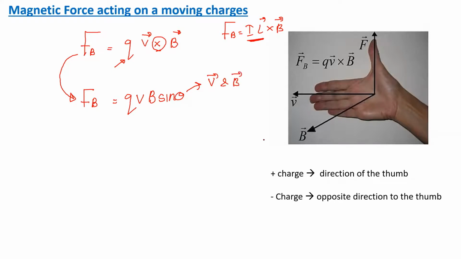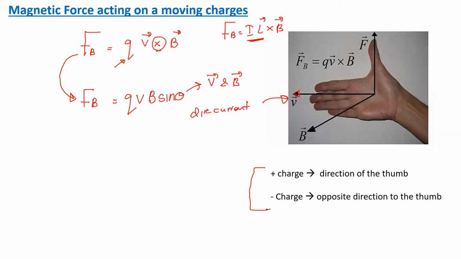Okay. So I think you all are okay with this. And the way you apply the right hand rule is exactly the same. The only difference is instead of the direction of current, now you have the velocity, right? It is the direction of charge movement. Now this is important.